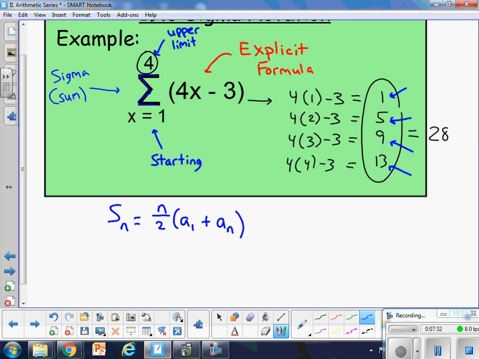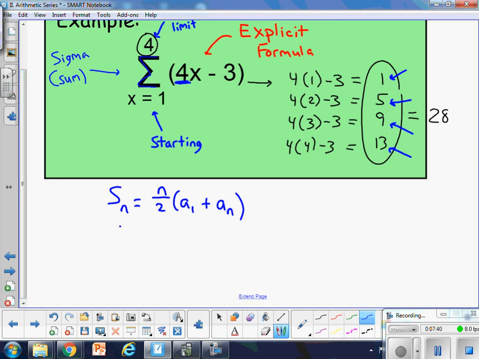We have that common difference of 4, which is like the slope in the explicit formula, right? But just to verify we can get the same answer, we were finding the sum of the first 4 terms. That was our upper limit. And what the formula says is n over 2, so 4 over 2, and then it's always the first term, which was 1, plus the fourth term, which was 13.